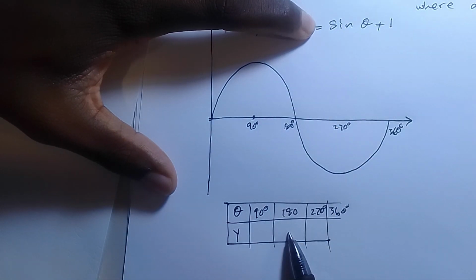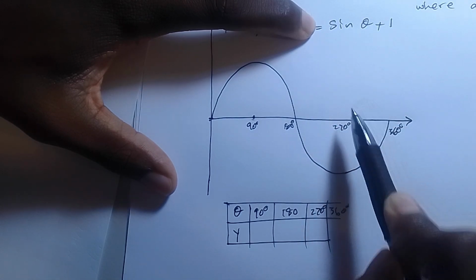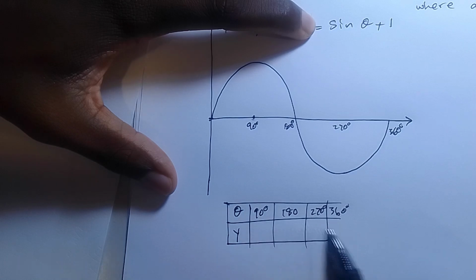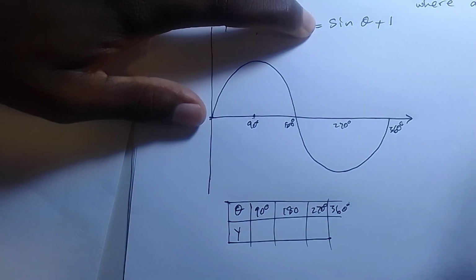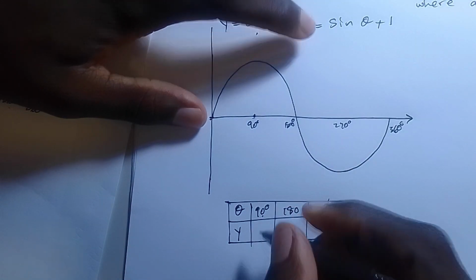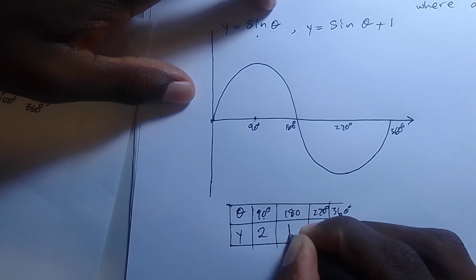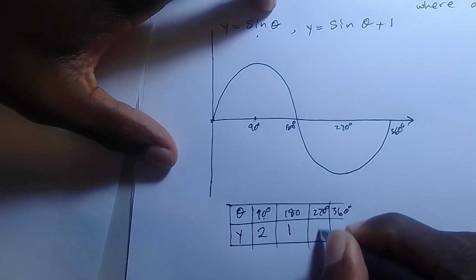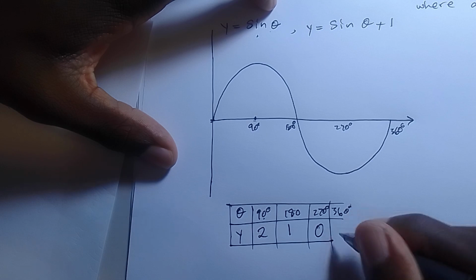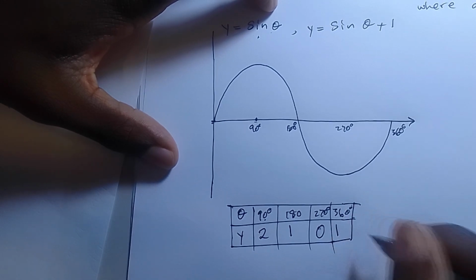Then you substitute all the numbers up to 360. What you'll get is, for 90 you will have 2, for 180 you have 1, for 270 you'll have 0, and for 360 you will have 1.